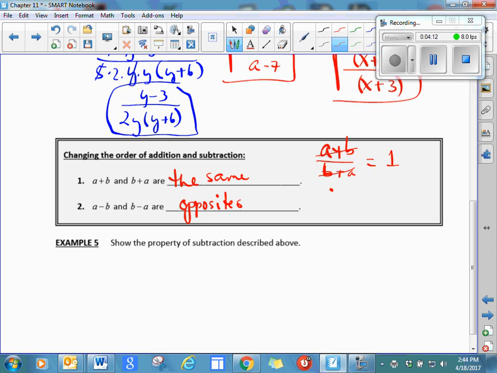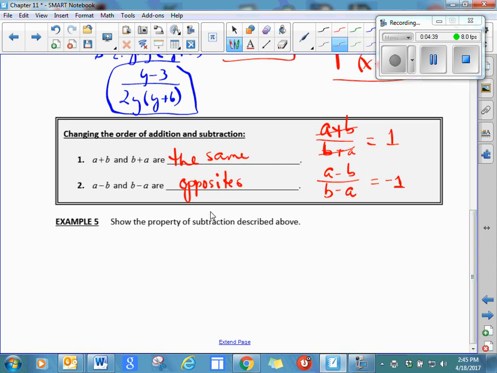But A minus B and B minus A are opposites. So these do not cancel and divide to 1. They actually divide to a negative 1. So this is the rule that we're going to be using as we run into some of these opposites in the next page or so.